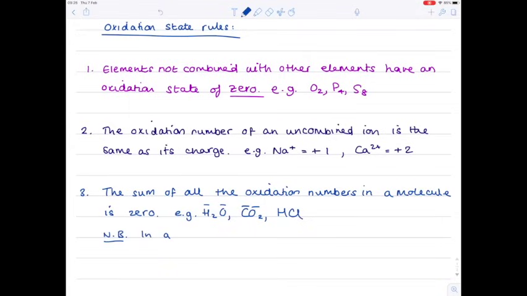NB, linked to this point, we need to consider ions, and we're looking at more complicated ions, ones which contain 2 or more elements. In a complicated ion, the sum of oxidation numbers is equal to the charge of the ion.